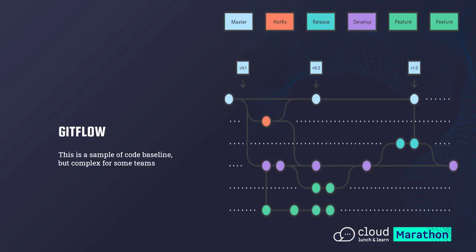This is a very common sample of branches or code baselines, and its name is Gitflow. But for some teams it's very complex. In this code organization, we have a master branch, a hotfix, a developer branch, a release branch, and feature branches. These are many lines of your code, with different versions maybe, on different timelines.